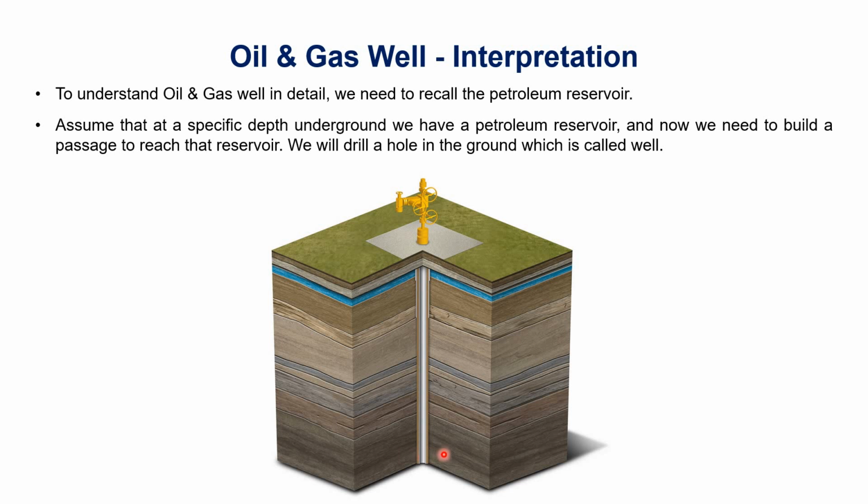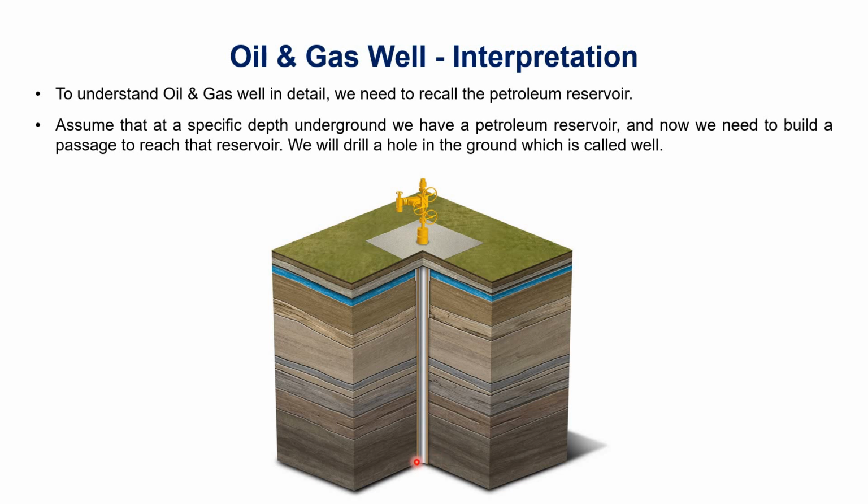So to bring that petroleum reservoir or that oil and gas from the subsurface, that is below the earth, here is the surface on which we walk, the ground surface. Below this ground surface at a specific depth, let's say 10,000 feet, there is oil and gas.